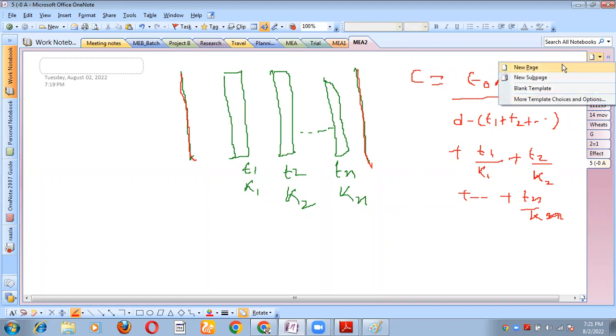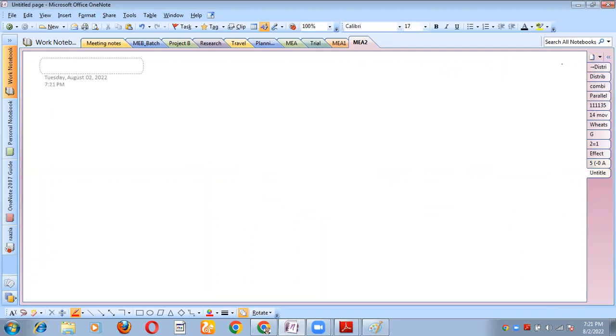Now we will see some phenomena. If you have a capacitor, there are two cases. Case one: dielectric without battery.